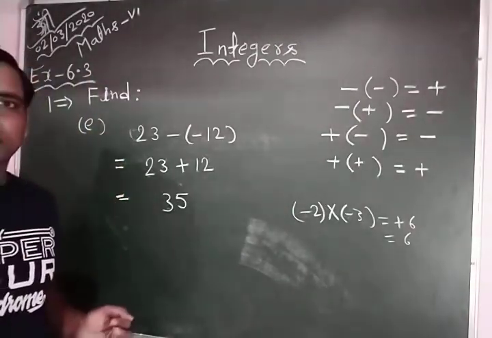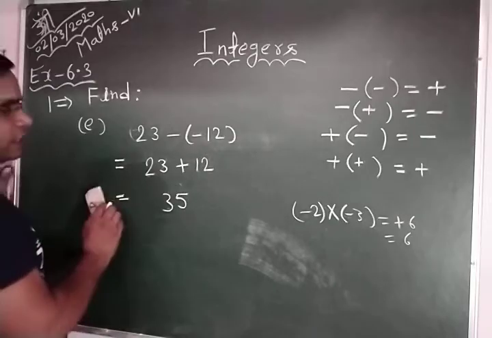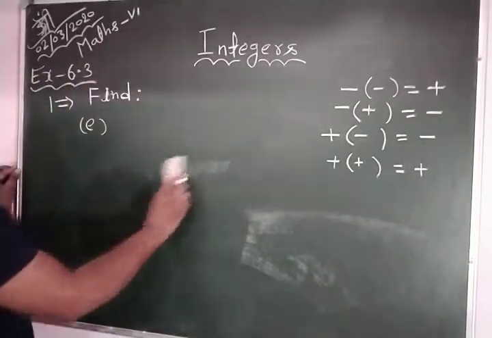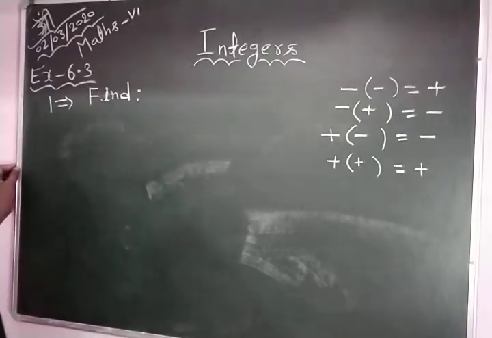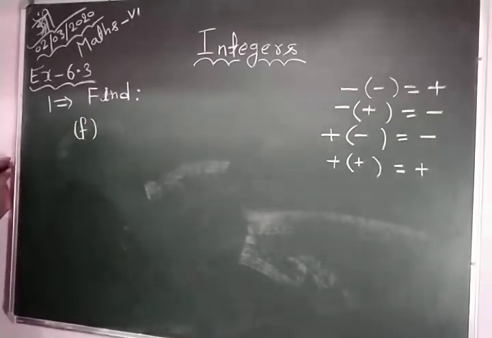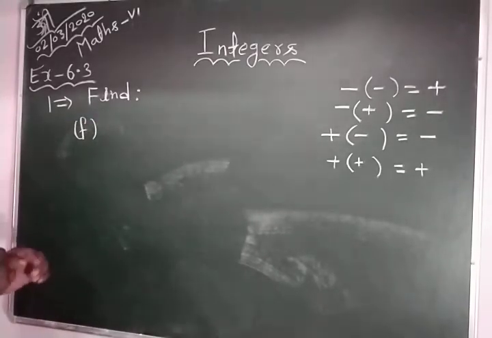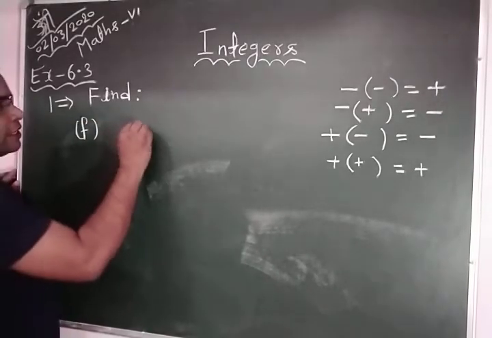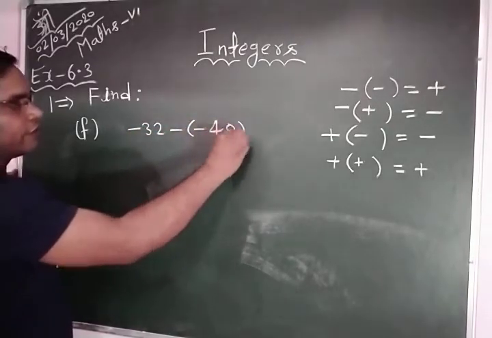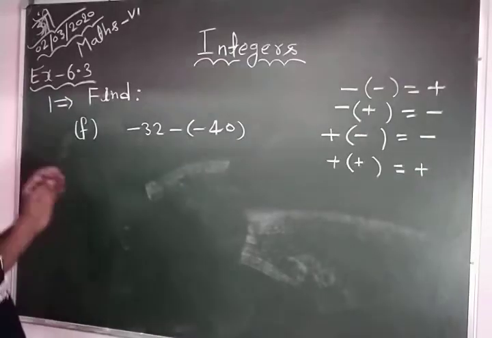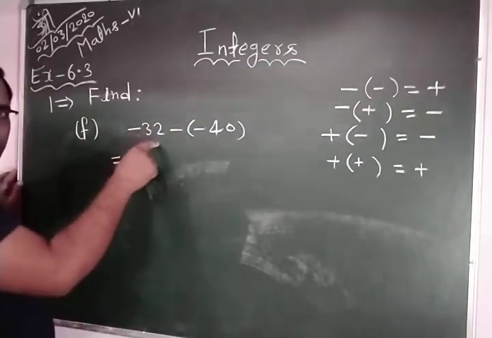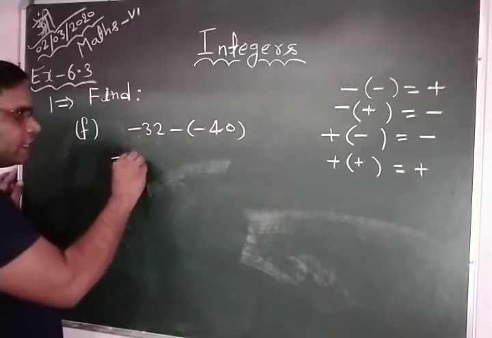Okay, so now the next part of this question is F part. F part of this question is minus 32 minus 40. Okay, this is the F part. So in the solution of this part, this is minus 32, we write it as it is.